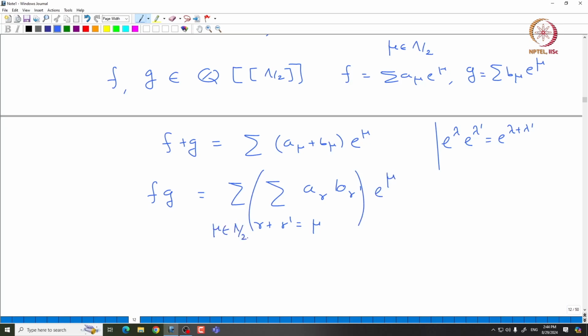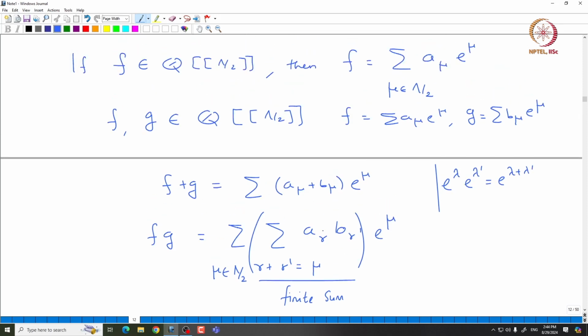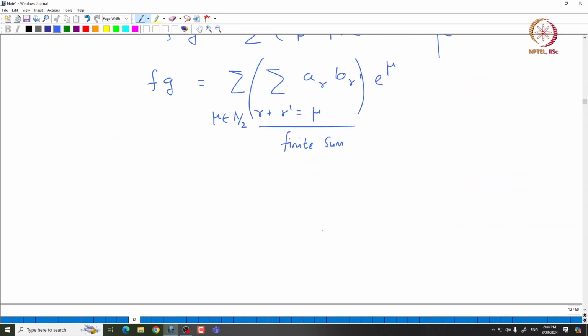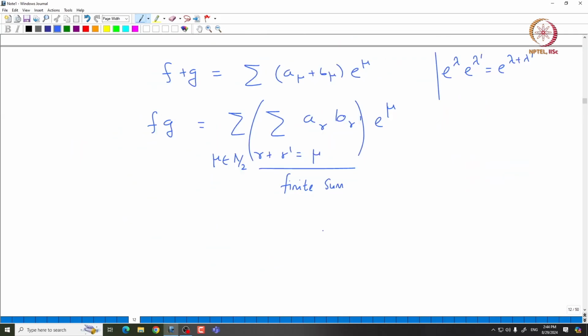And note that to define this fg, we demand that this is indeed a finite sum. This is something ensured in the definition of formal power series. We are not going to define very rigorously what it is, but what is more important for us to remember is that whenever you want to do algebra in this formal power series world, you can do it as long as the coefficients are all finite, there is no issue.